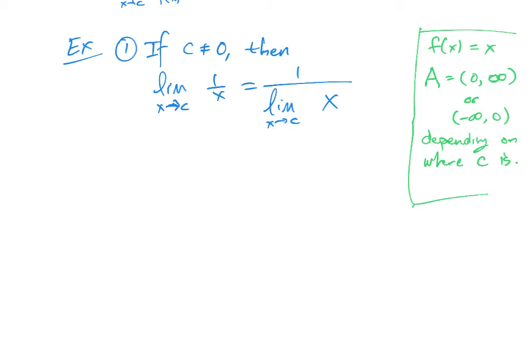If your limit existed for one domain and you chose a smaller domain, the value of the limit is not going to change, and it's not going to stop existing.